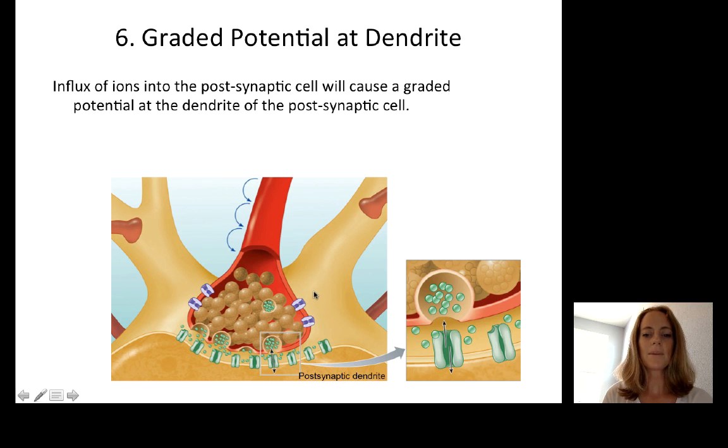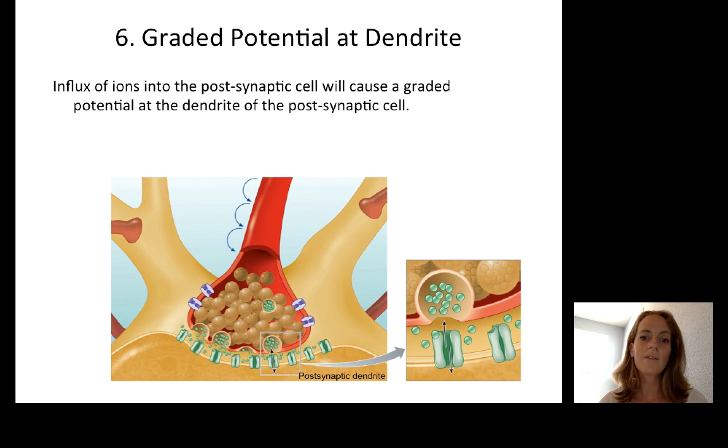The last step is that the influx of ions, or the change in ions in the postsynaptic cell membrane, causes a graded potential. Why doesn't it cause an action potential? We seem to be very focused on action potentials, and it is a complicated process, but that's not actually how it always happens. These are small.